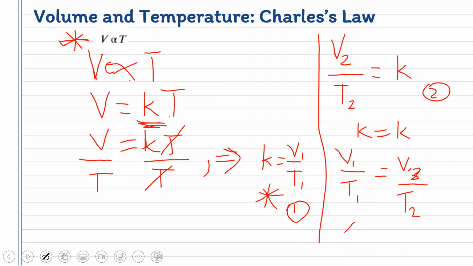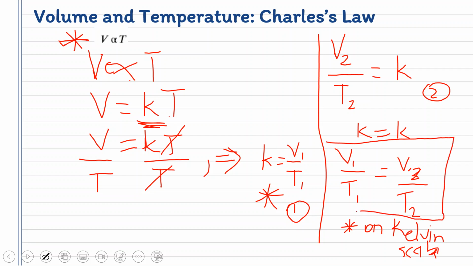Remember, on the Kelvin scale means that our temperature should be in Kelvin to satisfy this. So now this is the final equation we can derive from Charles' law. Remember, we've been deriving equations from all the laws. The ideal gas general equation is going to be a combination of all the laws.